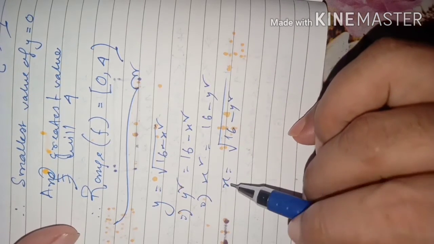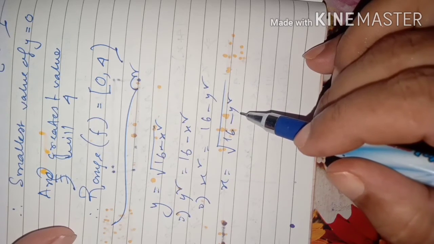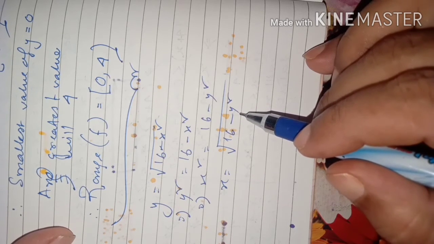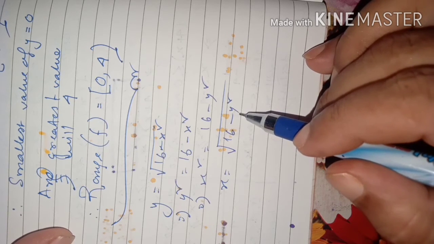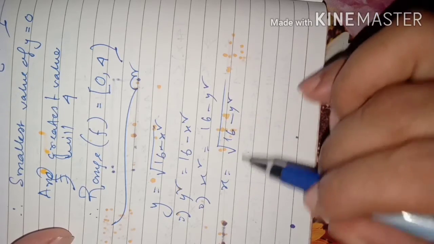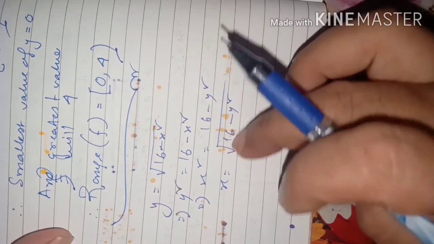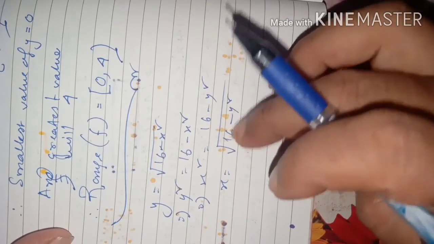So that means we can think about the values of y: y cannot be greater than 4, and y cannot be less than minus 4 also. Because if we take greater than 4, the expression under the root will be negative. That will not be defined.